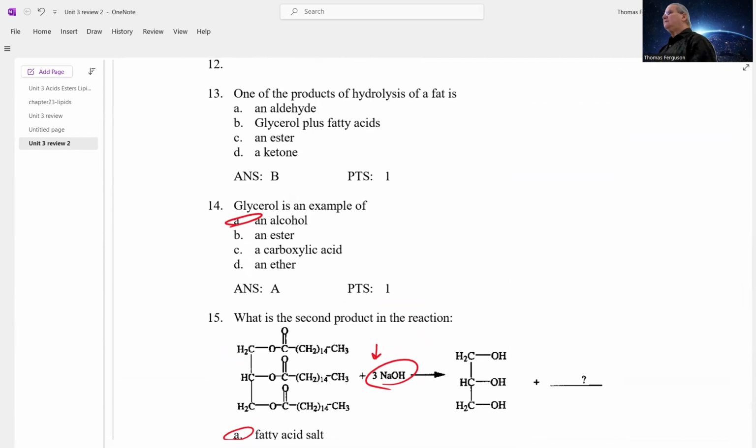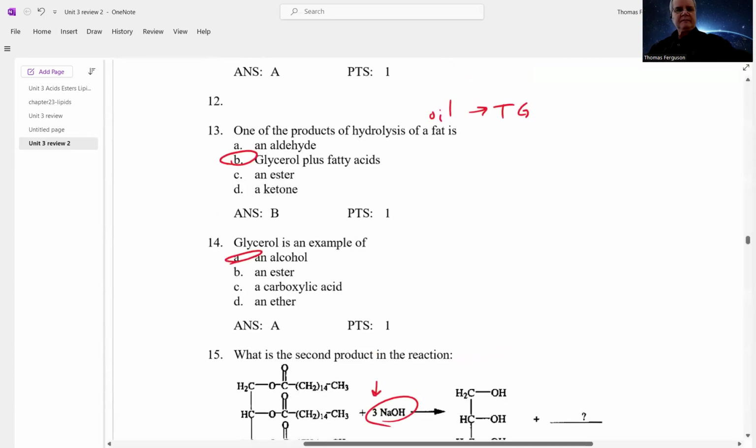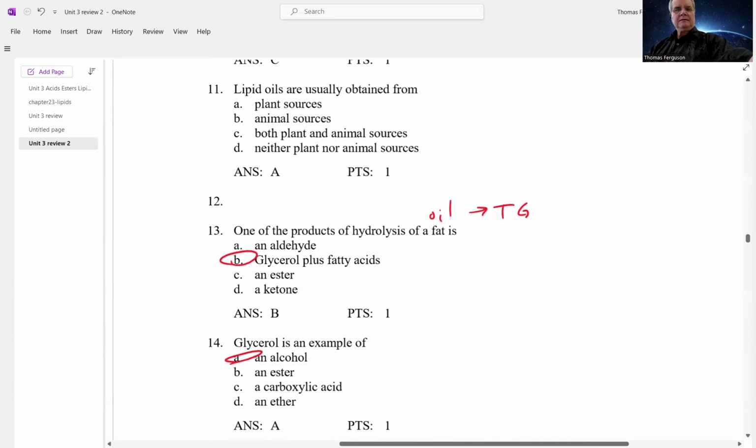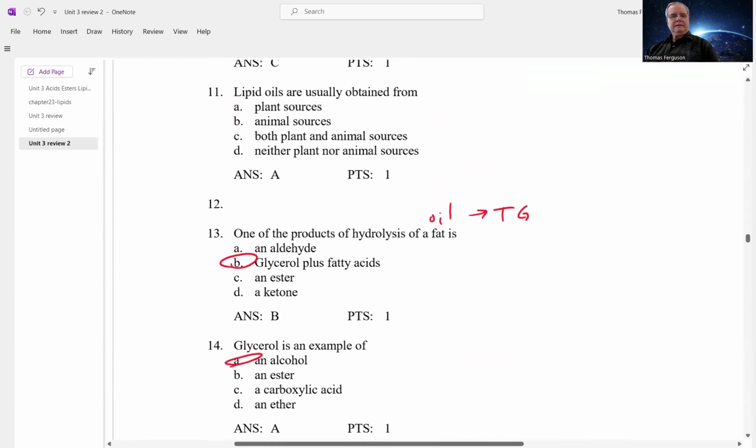And when you hydrolyze a triglyceride, whenever you see fat or oil, remember these are both triglycerides. The alcohol is glycerol. The acids are whatever the fatty triglyceride was put together with. So we're going to get glycerol plus the fatty acids. Oils, as opposed to fats, are usually plant-based.